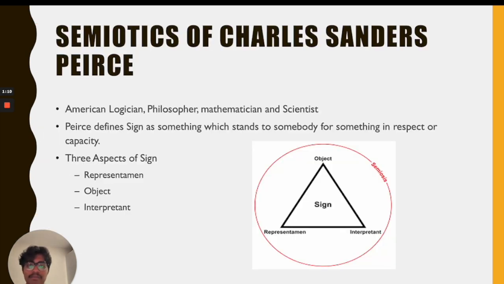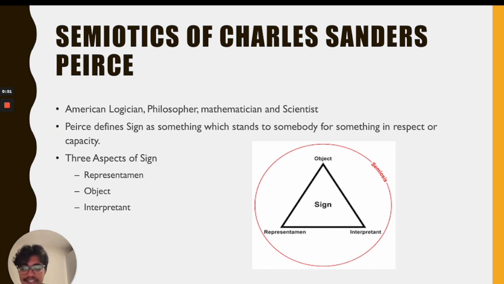Moving on, we have the semiotics point of view of Charles Sanders Peirce. Charles Sanders Peirce was an American logician, philosopher, mathematician, and scientist, born in Cambridge, Massachusetts.